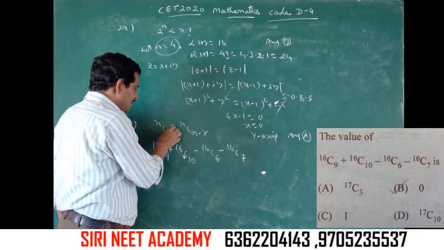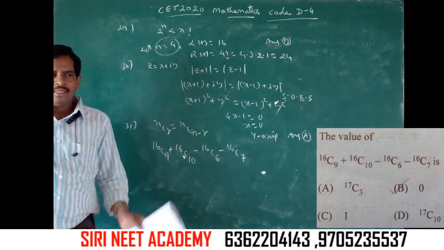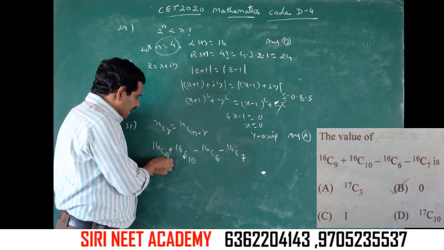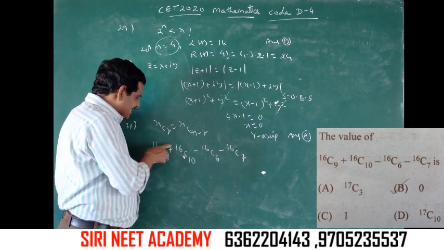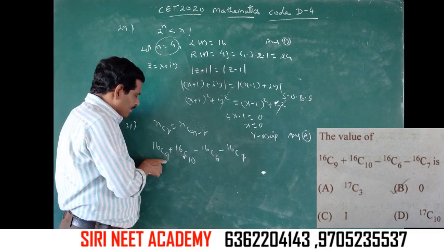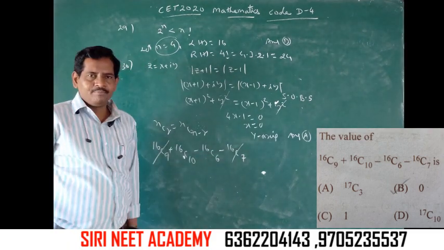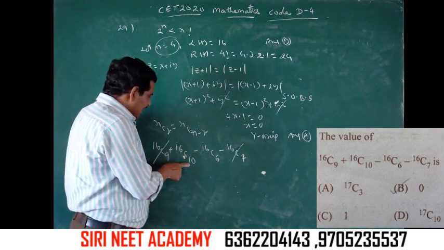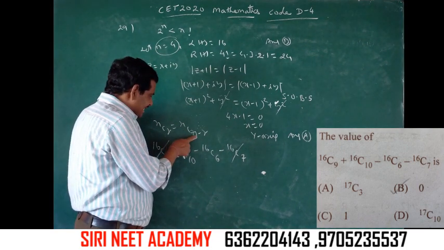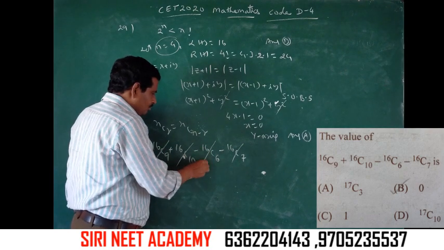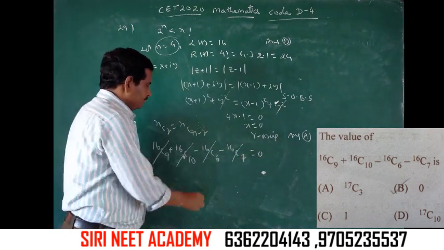Binomial coefficients are numerically equal from the beginning and the end. So 16c9 is equal to 16 minus 9, which means 7. So these two are the same, cancel. 16c10 is equal to 16 minus 10, 6. Cancel these two. So the answer is 0.